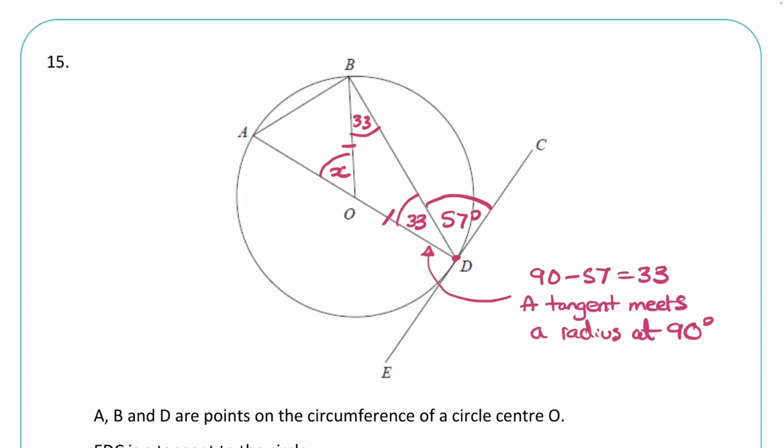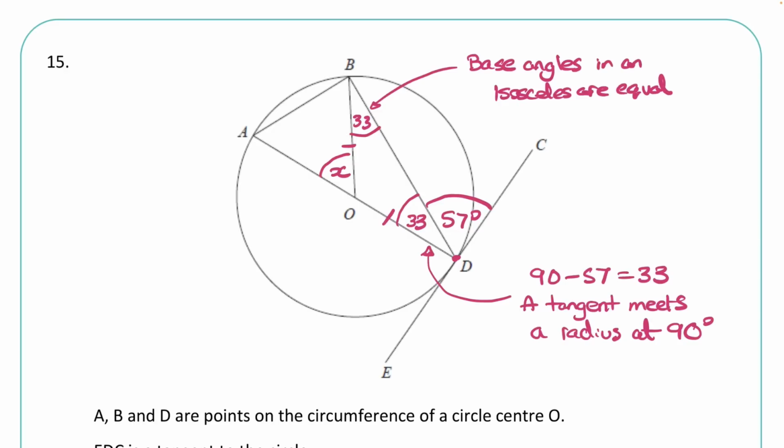So this one's also 33. So obviously that's another reason that we need to give. They are called the base angles. So base angles in an isosceles are equal. And that's why that's 33.